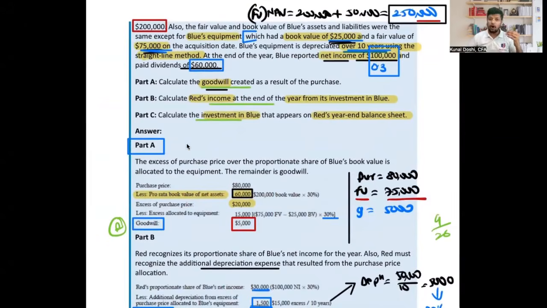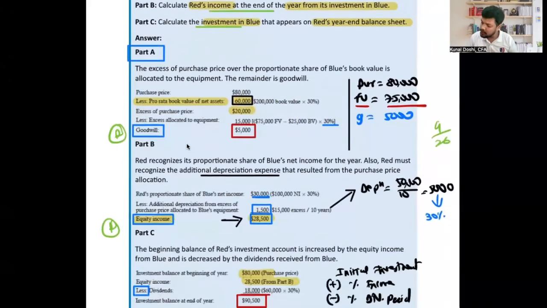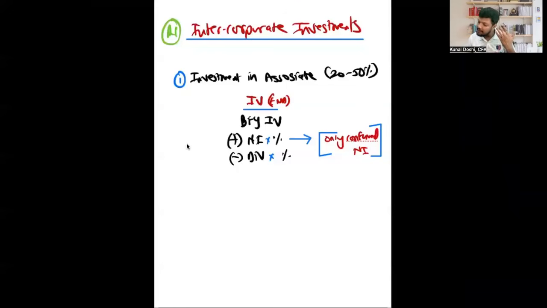So 250,000 into 30%, that is 75,000, is my proportionate book value, and we paid 80,000. So there is 5,000 paid extra, which becomes our goodwill. Goodwill is the proportionate amount that we paid extra.